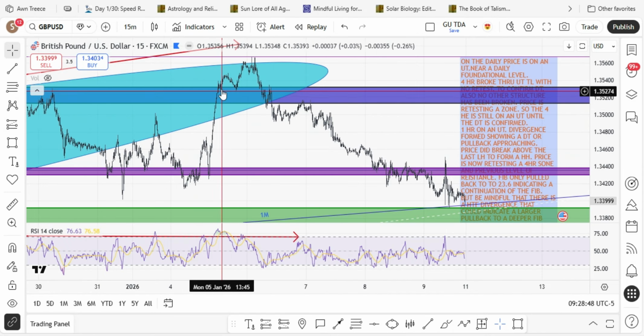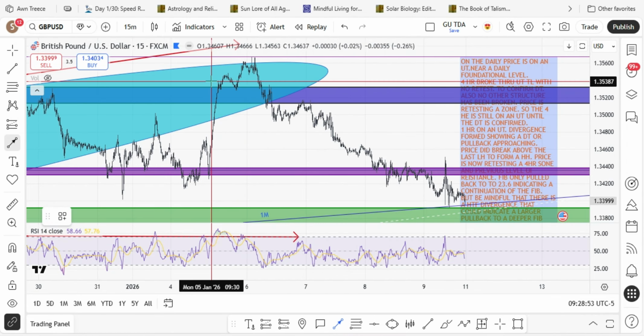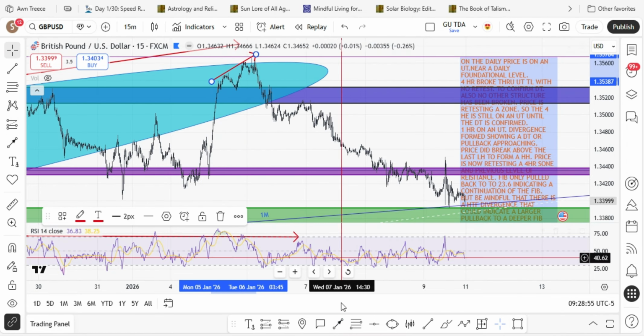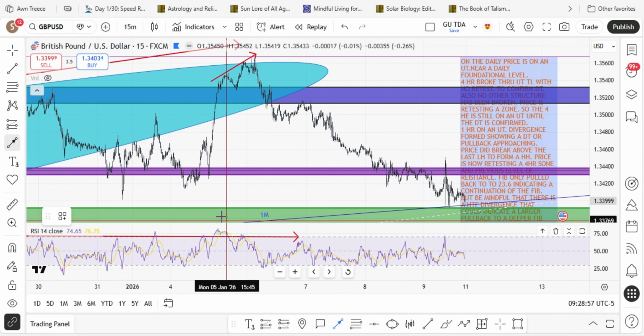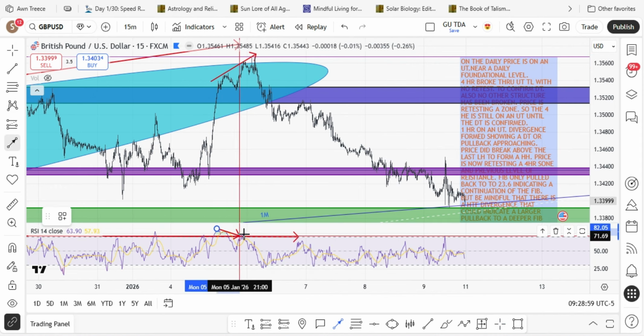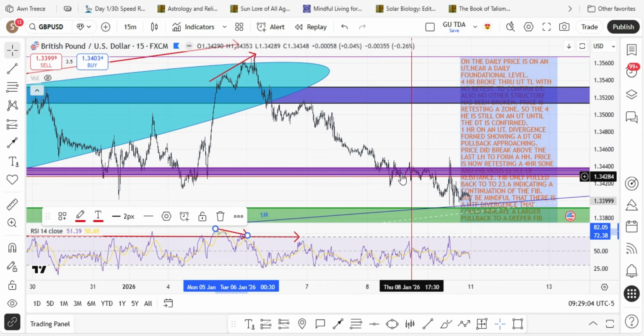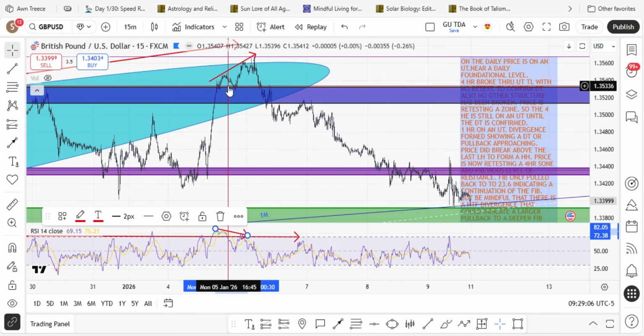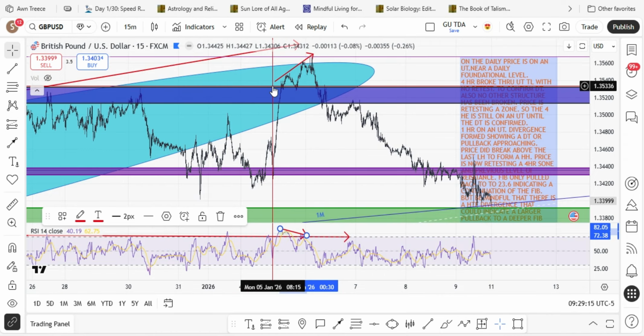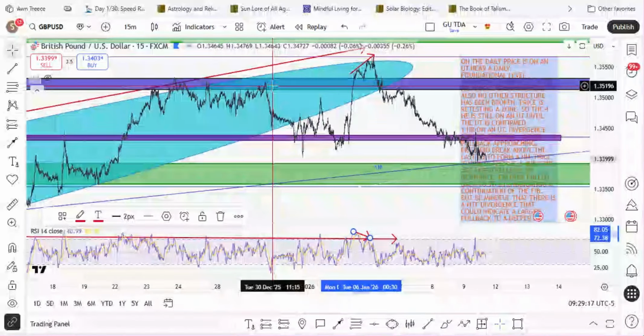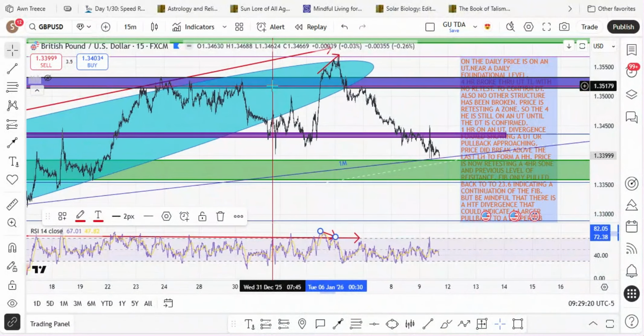Okay, so the only thing that it said is there was divergence here. I guess a trade could have been taken here. It would have been a test, break, and retest. But where would you take it down to?